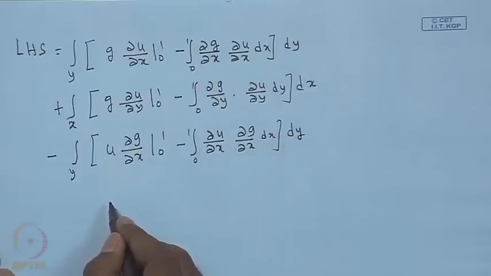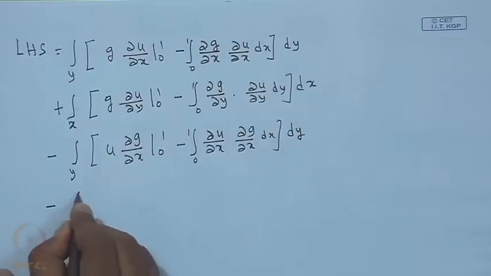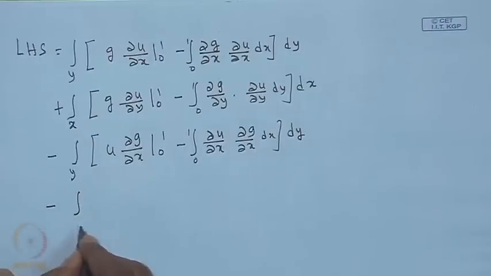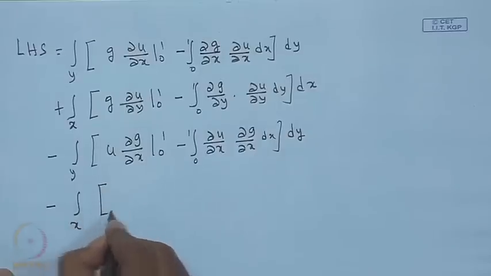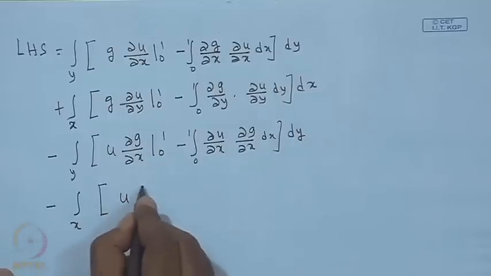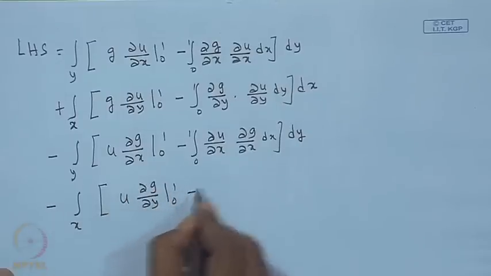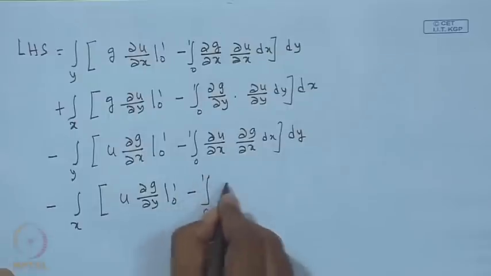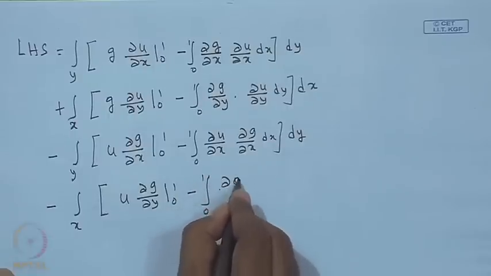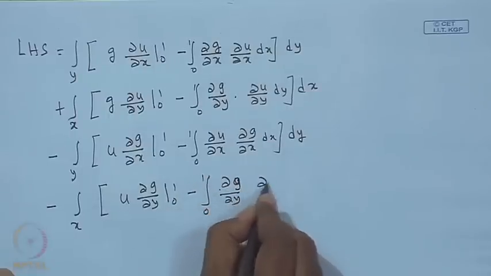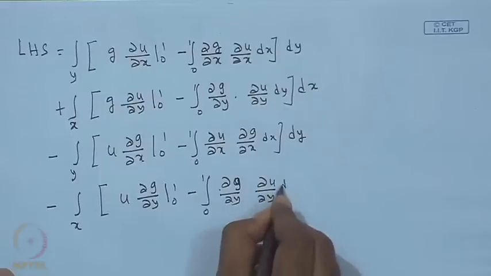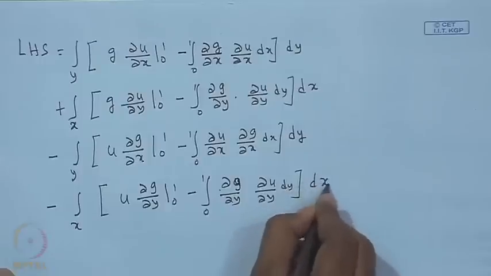Then again we will be having the fourth term, that is minus integration over y first. So, x will be out. So, it will be u del g del y from 0 to 1 minus integral 0 to 1 del u del g del y del u del y dy dx.